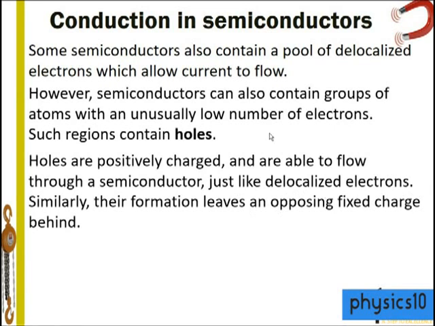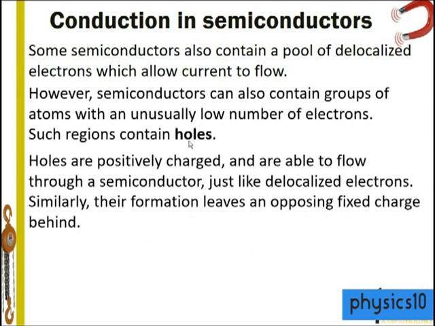So in a semiconductor, you still have a pool of delocalized electrons, but in addition to that pool of negative delocalized electrons, you also have localized positive holes. And these positive holes are able to move or flow through the semiconductor. So their formation leaves an opposing fixed charge behind them.